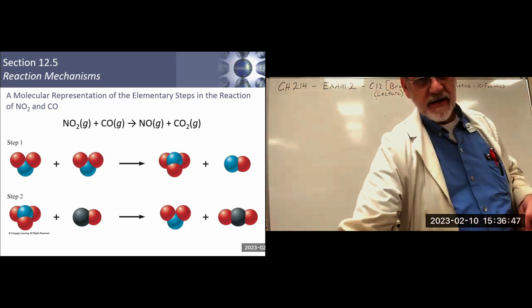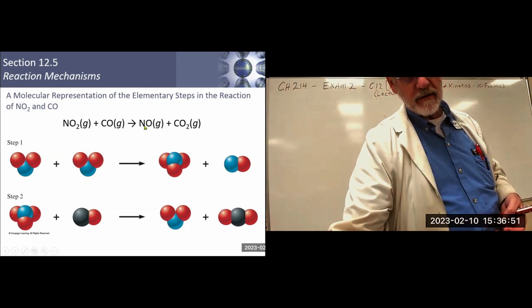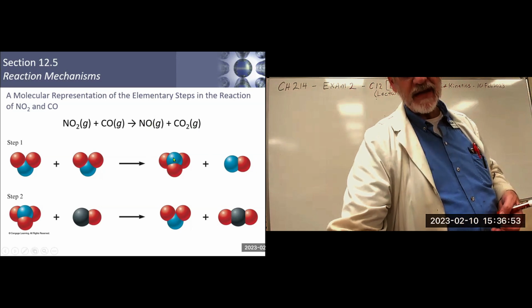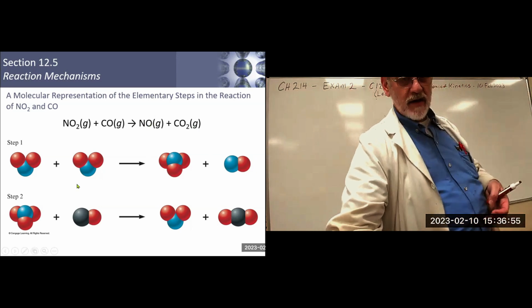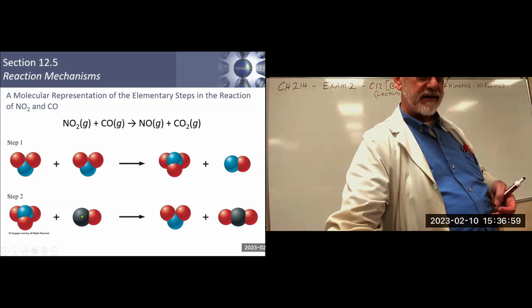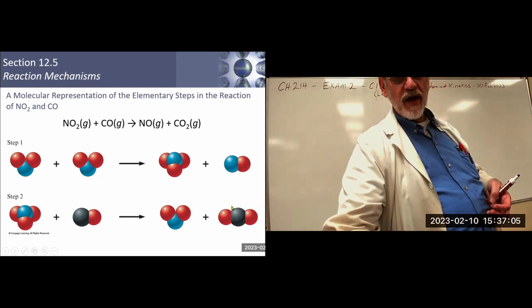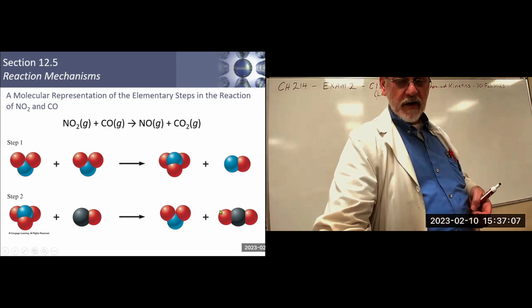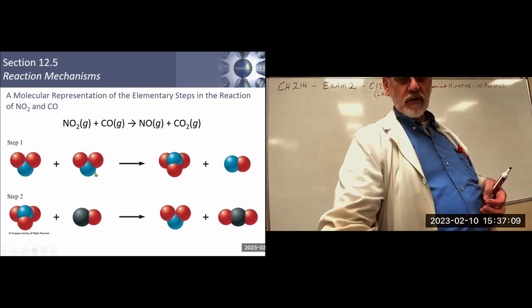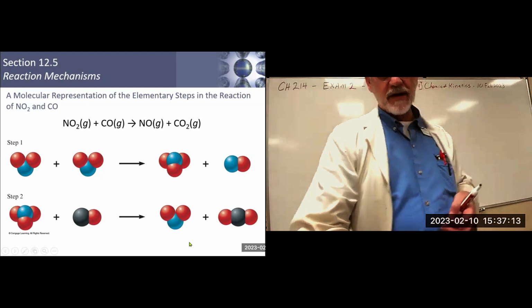So what that means is we've got one of our products right here, NO, right there. But this is an intermediate. So this intermediate now comes down to the second step, and it reacts with the carbon monoxide, right? And produces another NO2 plus the CO2. So there you have, we've used an extra NO2 here, but we got it back here.